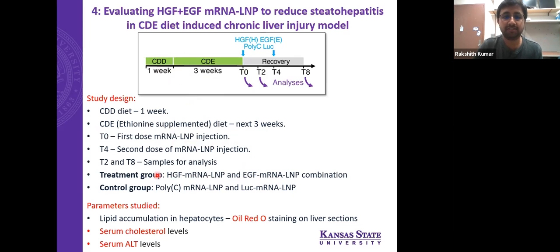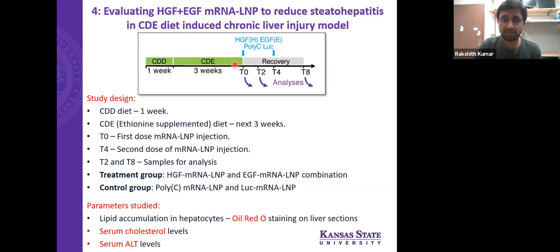There were 5 groups, and the control group received poly-C mRNA and luciferase mRNA. They stopped the diet before giving the injection, so this is not a persistent diet model, which I'll discuss in the next step.